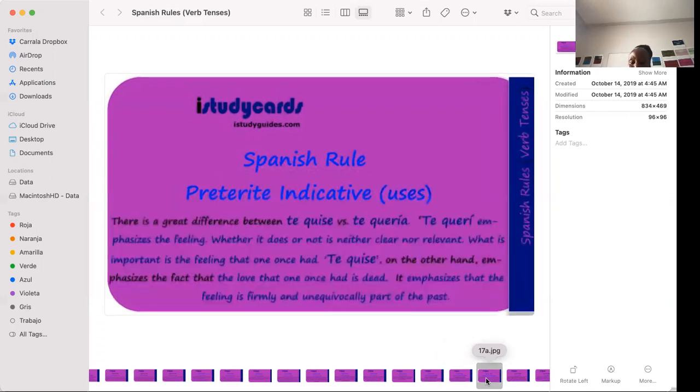Let me see here. Yeah, here we go. And I made a mistake where I put in the next sentence, te querí, it's te quería. I forgot to put the ending. Once again, I can see this 1,000 times and then one time I see the mistake. So there is a great difference between te quise versus te quería.